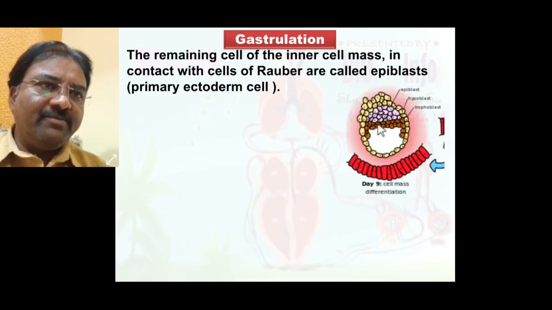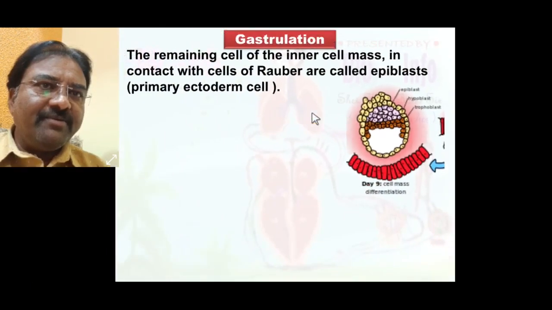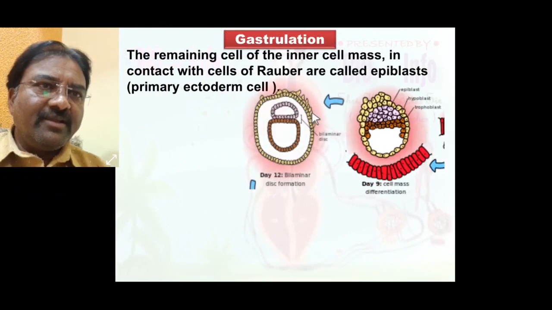These are the hypoblast cells, and these cells are attached to the trophoblast cells. So the cells of the epiblast of the inner cell mass or embryoblast are seen here. From this epiblast, the ectoderm develops.